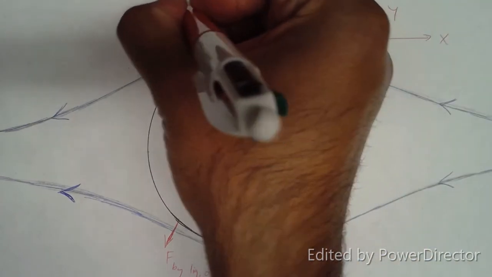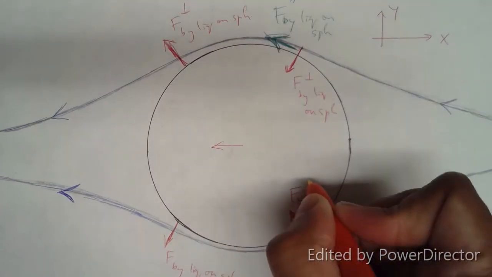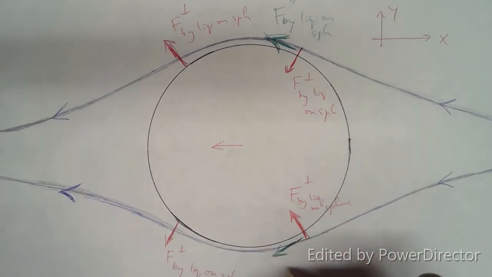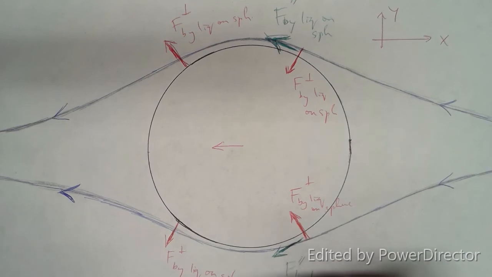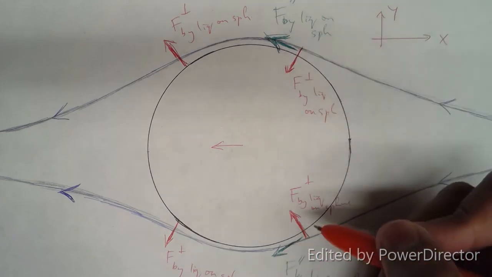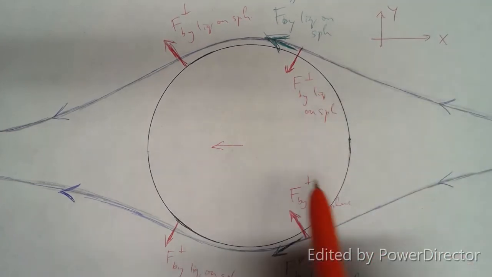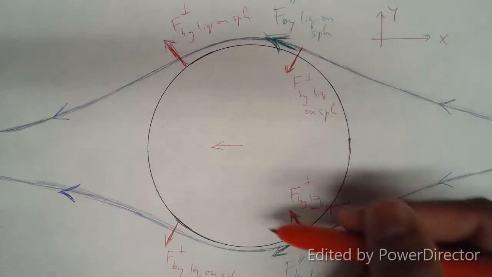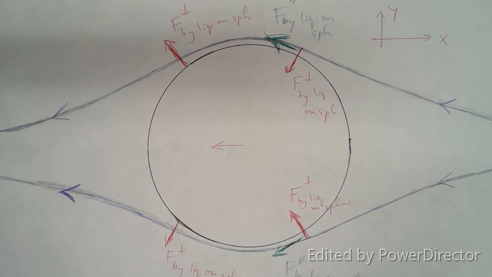This was a perpendicular force, this was perpendicular, perpendicular, perpendicular, and this is a parallel force by liquid on sphere. And again, if we add these two force vectors, we see that the y components will cancel out, but oh look, there's a surviving component in the negative x direction. So this is the viscous contribution to the force.